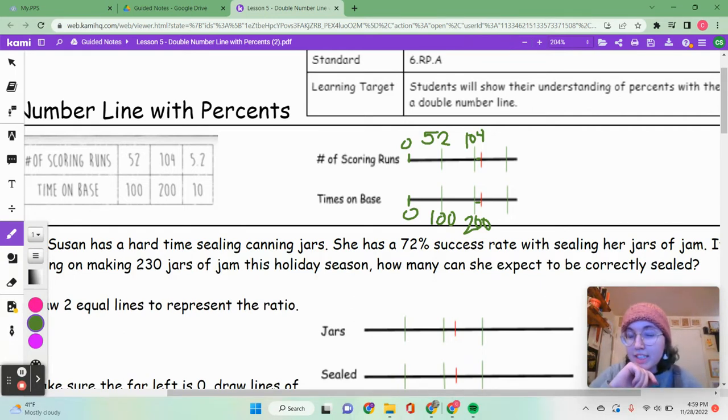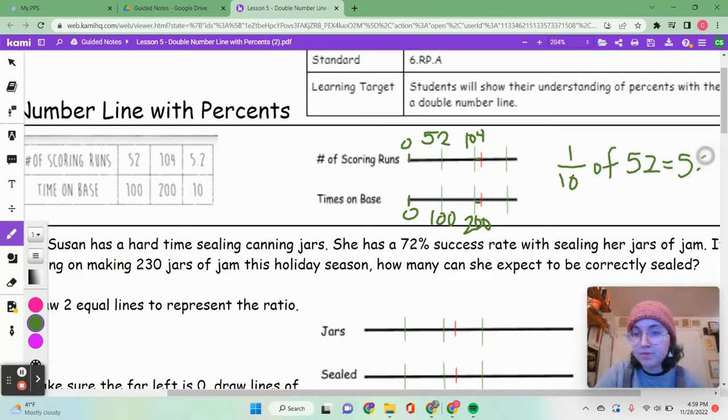So I need to take 10 out of 100, or 1/10 of my number of scoring runs. 1/10 of 52 is equal to 5.2. So when we add this together, this gets to be 210, because that's our 10 out of 100, right? And this gets to be 109.2, those little red lines right there.